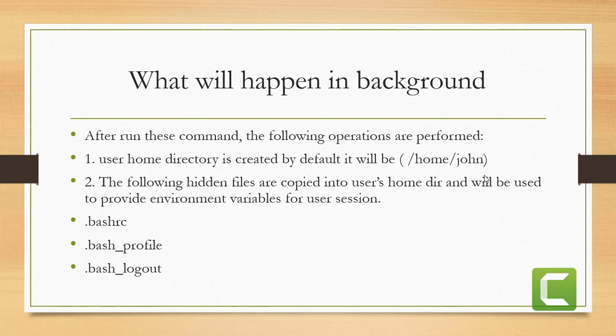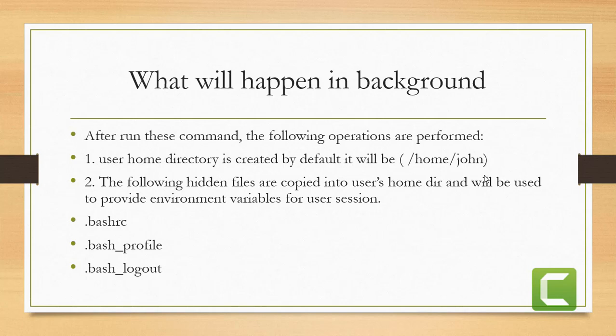After running this command, the following operations are performed. Number one, the user home directory is created. By default it will be /home/John, and the following hidden files are copied into the user home directory and will be used to provide the environment variables for a user session.